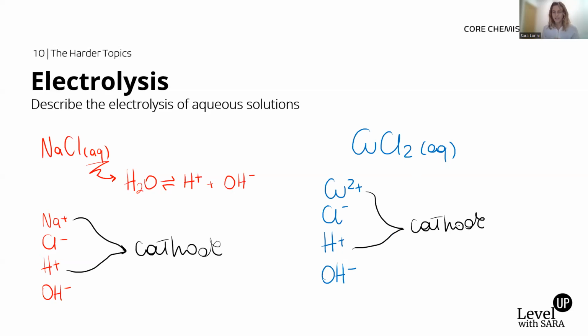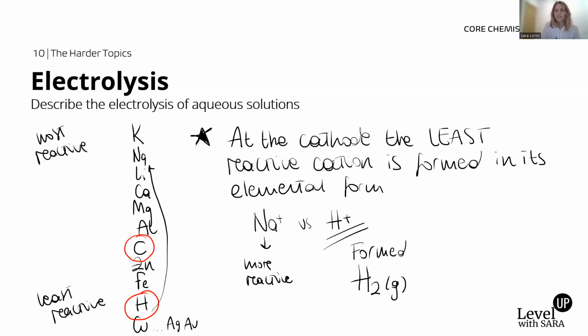If I ask you to identify what is the product at the cathode, you need to think about this rule. At the cathode, the least reactive cation is formed in its elemental form. We are comparing copper versus hydrogen ion.